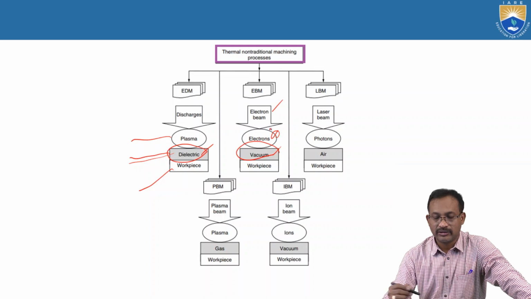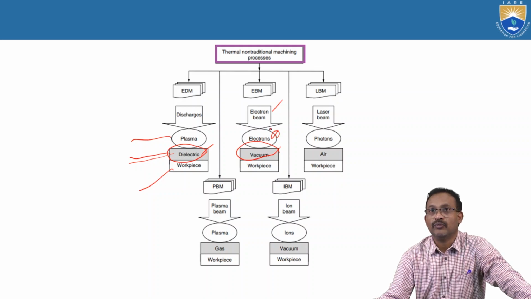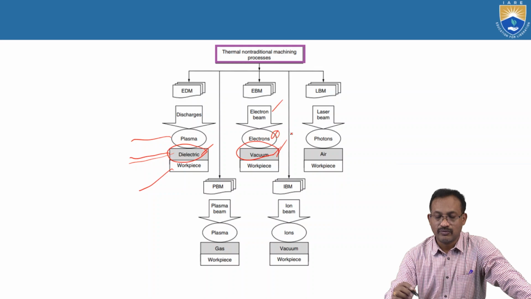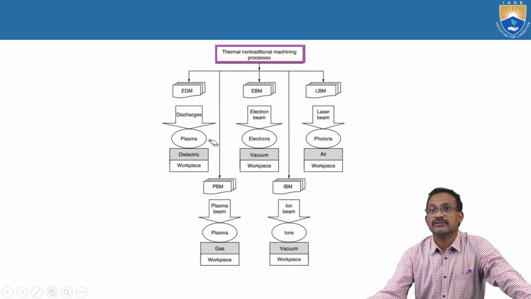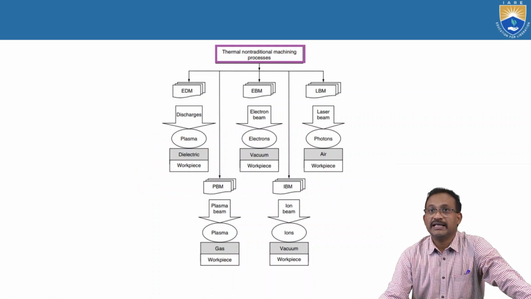Electrons strike the workpiece in the vacuum. Before we start material removal, the workpiece should be perfectly clean and we have to maintain vacuum, so we keep the workpiece in a vacuum chamber. The electrons directly strike the workpiece and subsequently the material is removed.